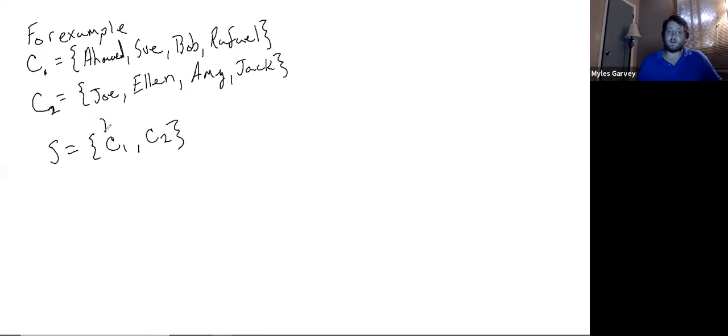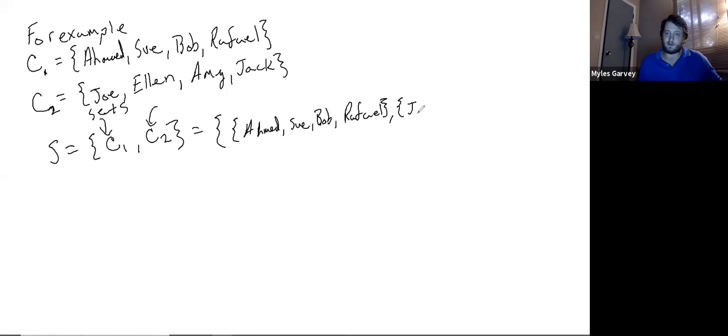Notice that these are elements, but these elements are sets. So technically speaking, I have a set containing two sets, where the first set is Ahmed, Sue, Bob, and Raphael, and the second set is Joe, Ellen, Amy, and Jack.